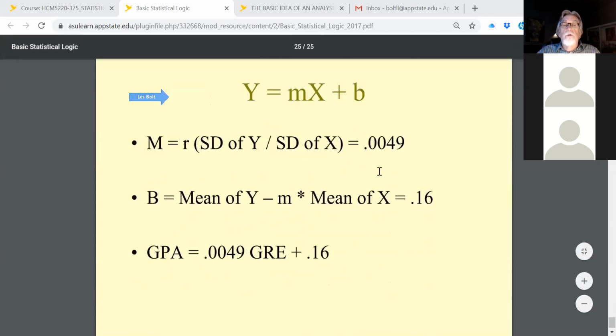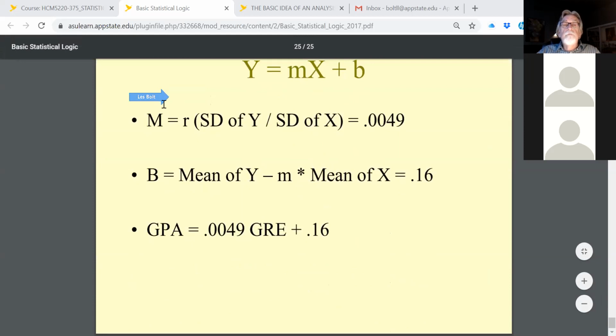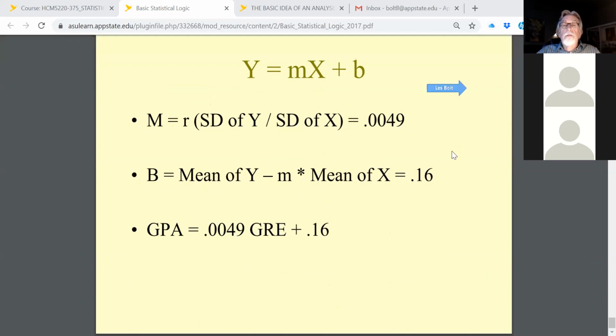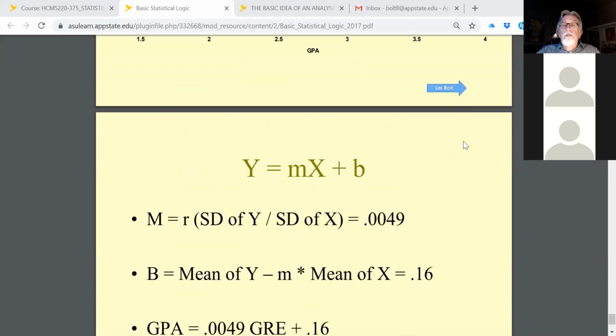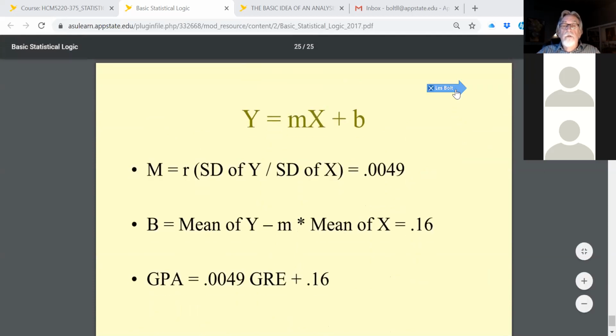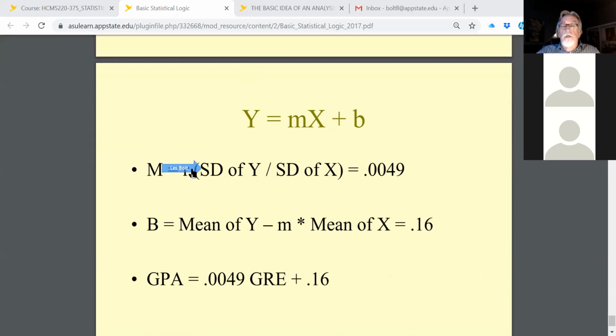And so, for example, if I apply the data that I already have, I already know the standard deviation of Y, standard deviation of X, in other words, GPA and GRE. That would tell me the M value is 0.0049.